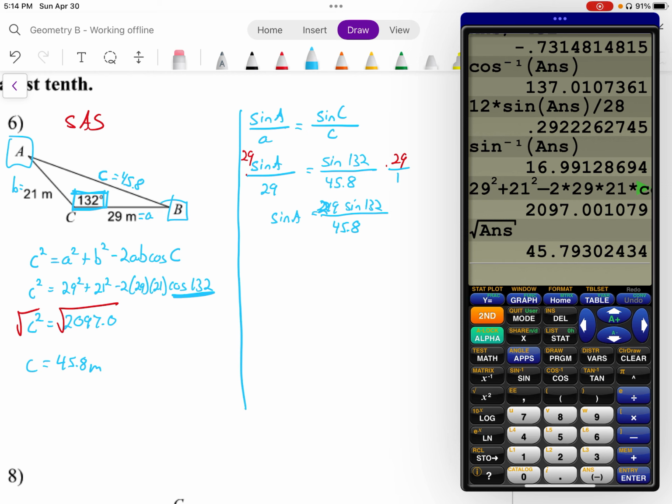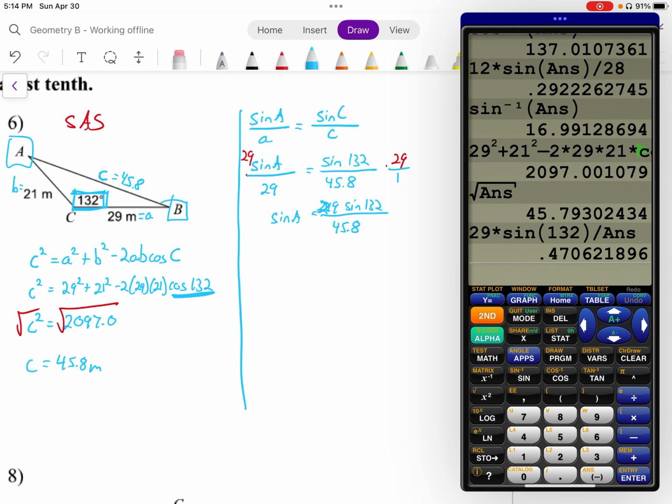Put that in our calculator. 29 times the sine of 132, close parentheses, divided by the previous answer. I didn't close the parentheses like I said I was going to. That gets us sine of A equals 0.47.